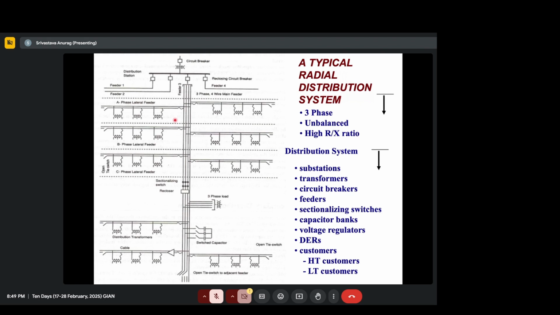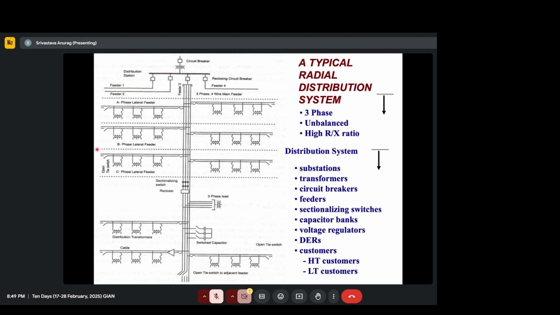Sometimes we have a combination of single-phase and 3-phase going into different parts of the town. Each phase will end at a transformer, which will feed the house, or the commercial or industrial location.